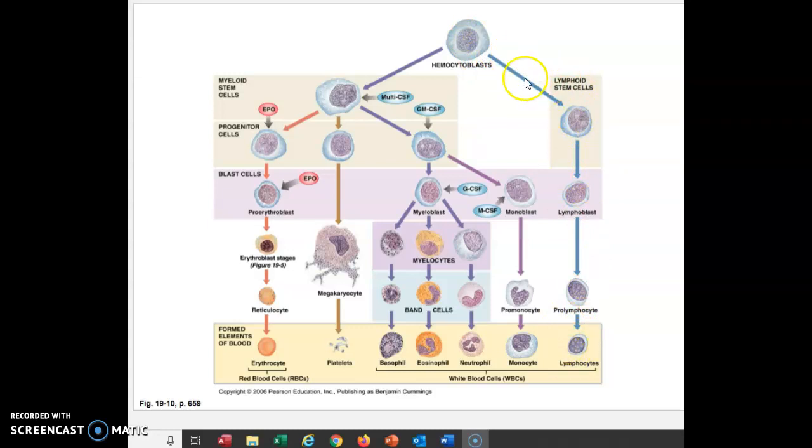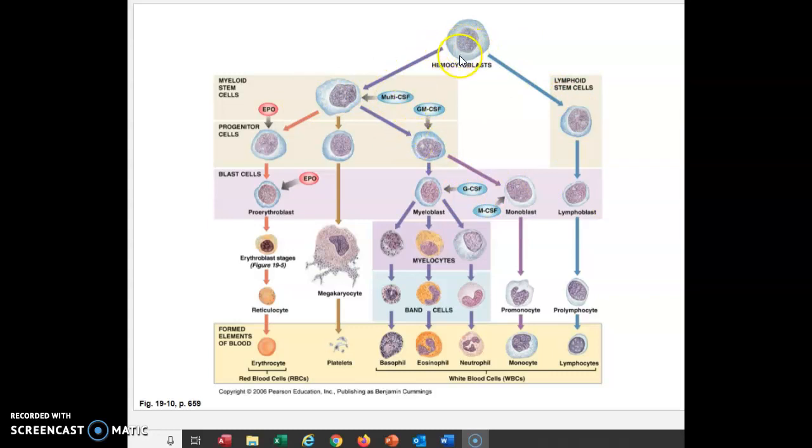They are derived from a lymphoid stem cell lineage, which was derived from a hemocytoblast that did not get exposed to multi-colony stimulating factor. So that's pretty much a direct route. It doesn't mean they're not exposed to other things, but as far as the factors we're talking about here, it's not exposed.